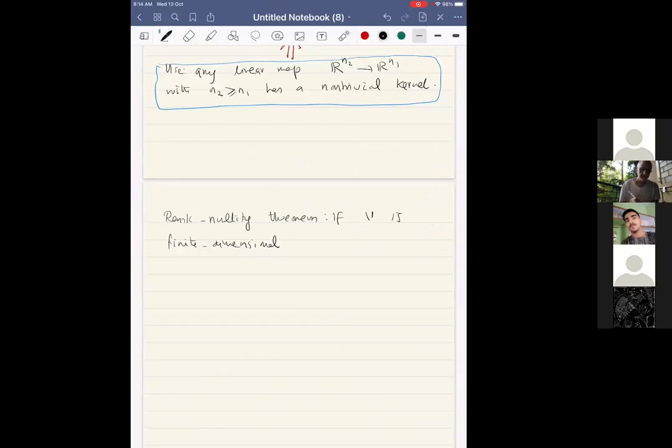If V is finite dimensional and T from V to V hat is a linear map, then the dimension of V is the dimension of the kernel of T plus the dimension of the image of T. So let me go through the proof because I'm not satisfied with the way I talked about the proof in the last lecture.